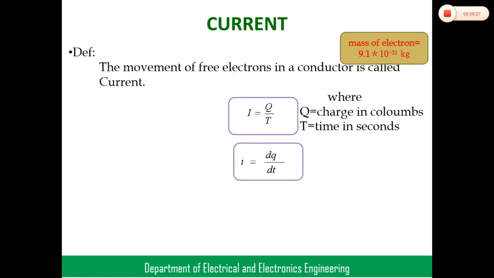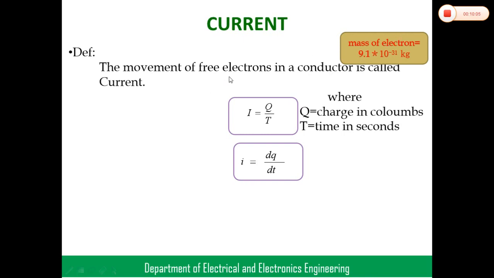To move any mechanical part we require some force, because any device has some mass. Here also, the mass of an electron is 9.1 times 10 to the power minus 31 kg. That means the mass of an electron is very, very small, 0.000 and so on, with 31 zeros before 91.